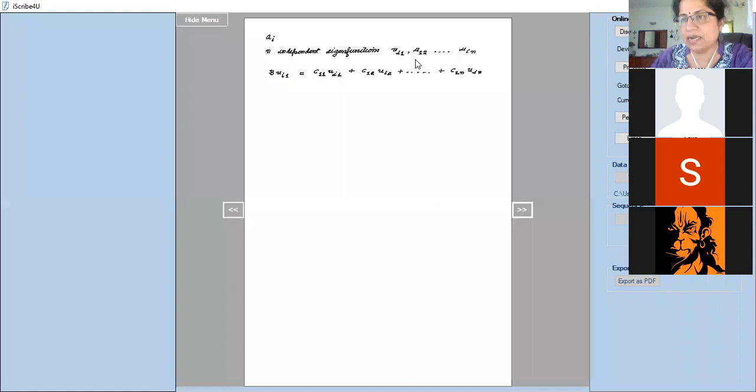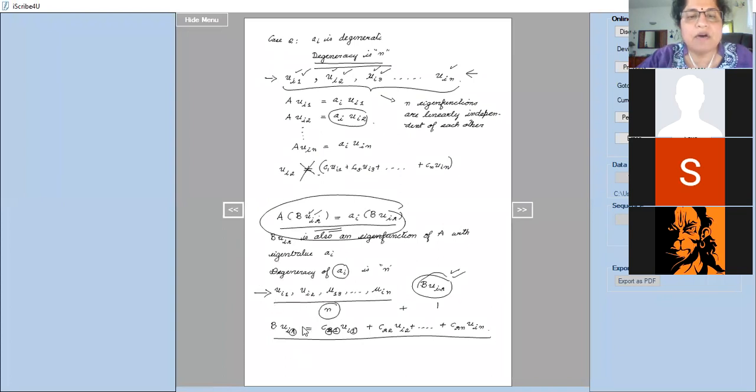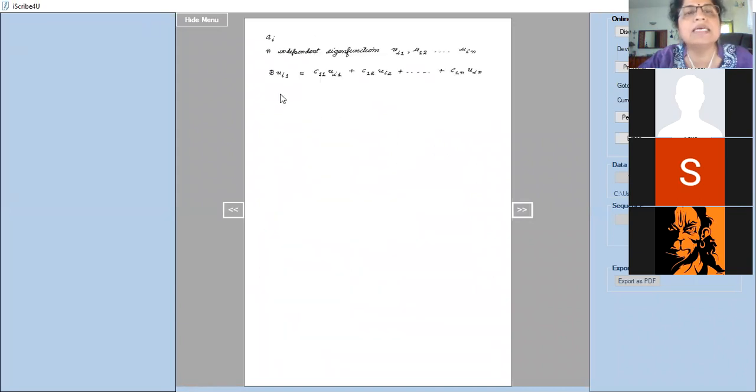We have agreed that B operating on any of the ui's will be a linear combination of all the other ui's. The same argument which I used earlier. So the only difference, please note, is that I had written it for R. Here I'm putting the R as 1. That is all that I'm doing.